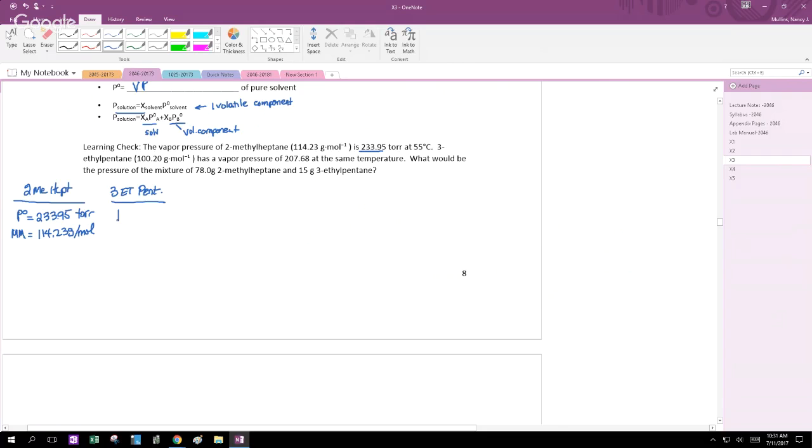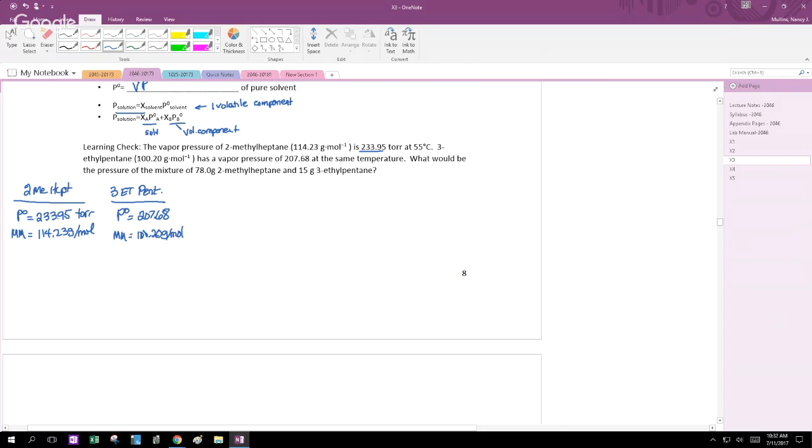And they told me it also has a vapor pressure, which means it must be volatile. Again, if it were not volatile, they would not have given you a vapor pressure. That's really the distinguishing characteristic.